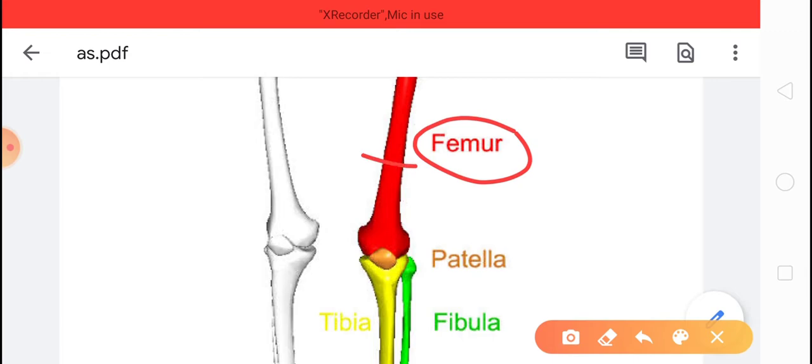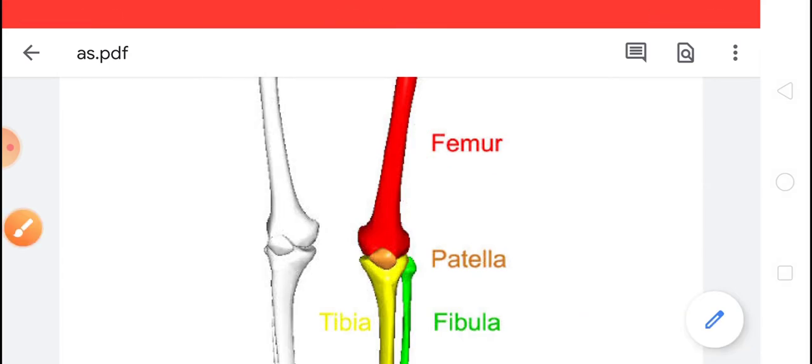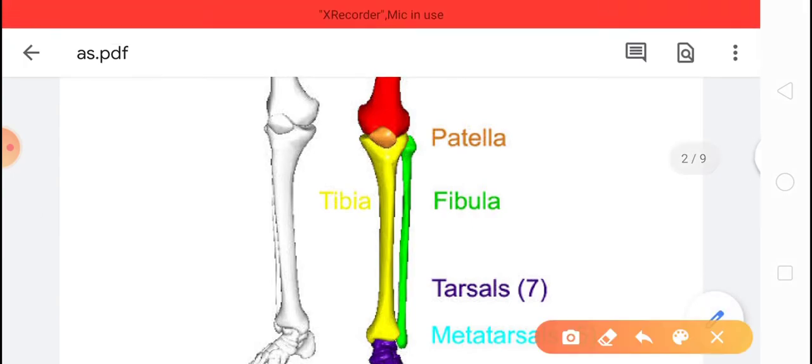Our lower leg contains two long bones, this one is the tibia, and this one is the fibula. These bones are joined together, and at the joint there is a kneecap, which is called the patella.